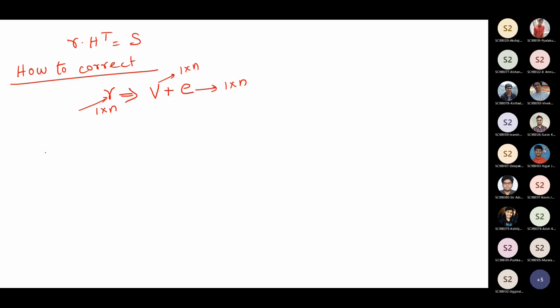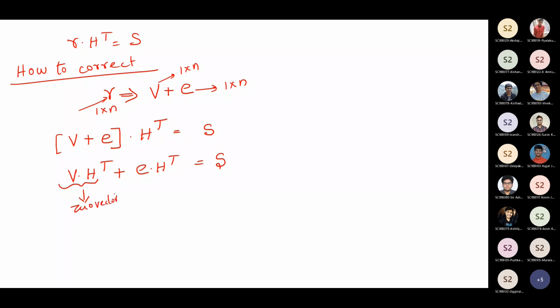So from here, if I substitute in this equation, instead of R, V plus E into H transpose equals S. If I multiply, V into H transpose plus E into H transpose will be equal to S. We already know V into H transpose is nothing but the 0 vector.